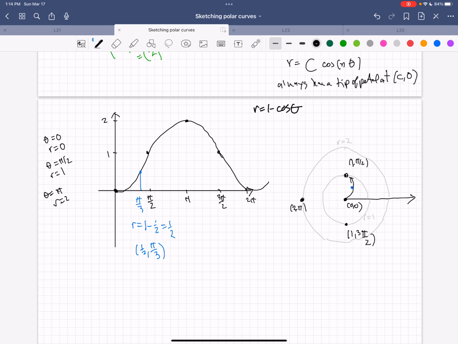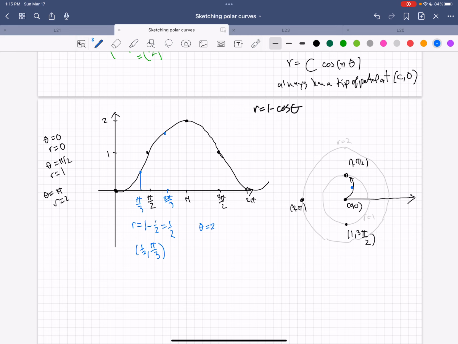And then let's do some angle that's between pi over 2 and pi to guide us in going over there. Let's say we do, I don't know, let's do 2 pi over 3. I'm just choosing the pi over 3 and pi over 6 angles because those are what we know.